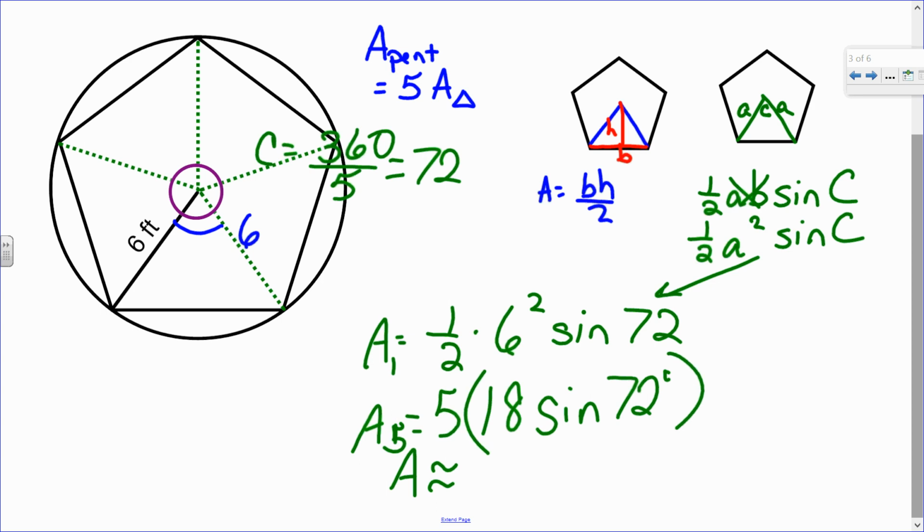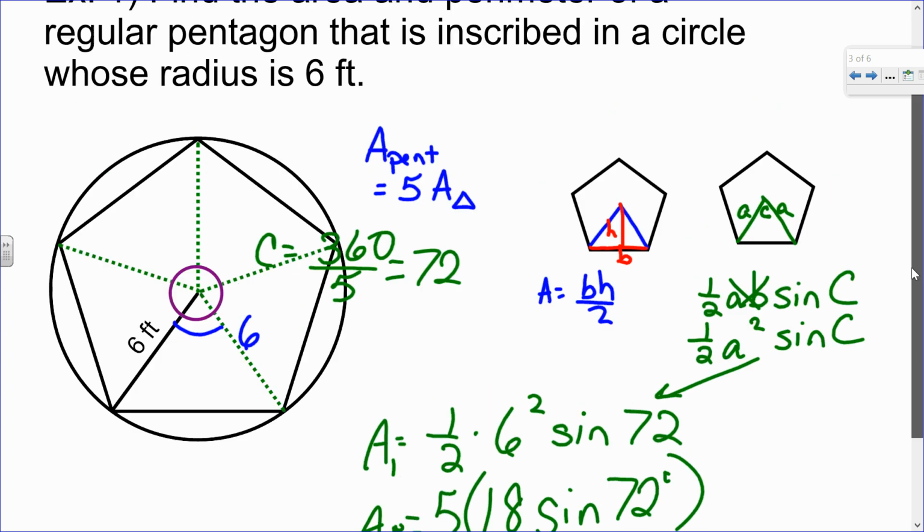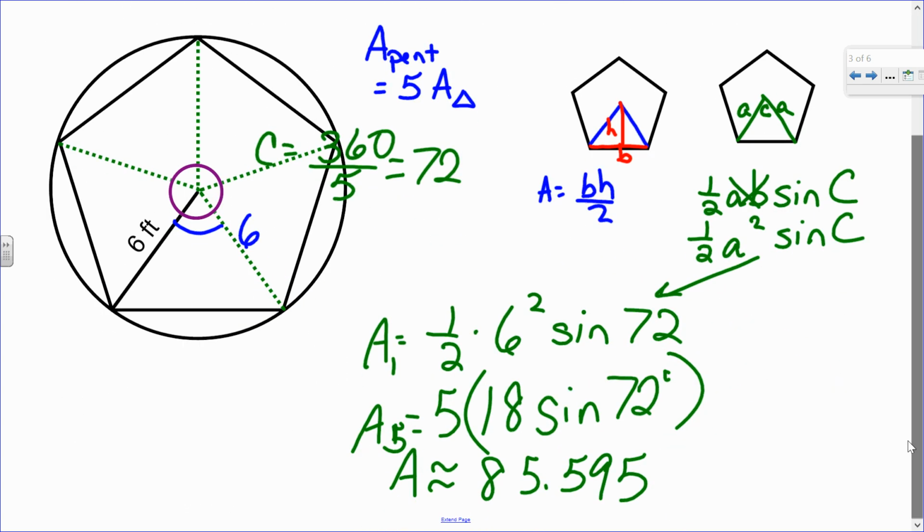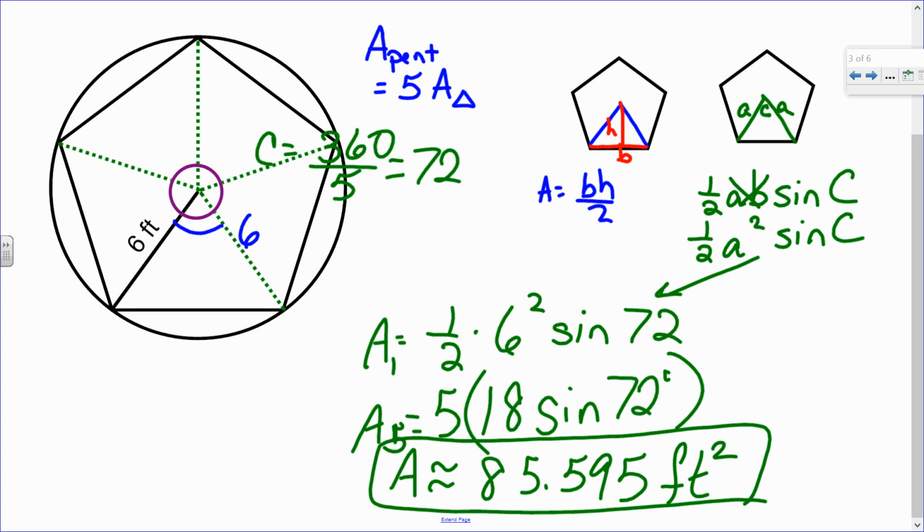So now enter that, and what do we have? Or just take what you had times 5. Now what do you have, Ryan? 85.595, and my units were feet, so this area is square feet. Everybody good there?